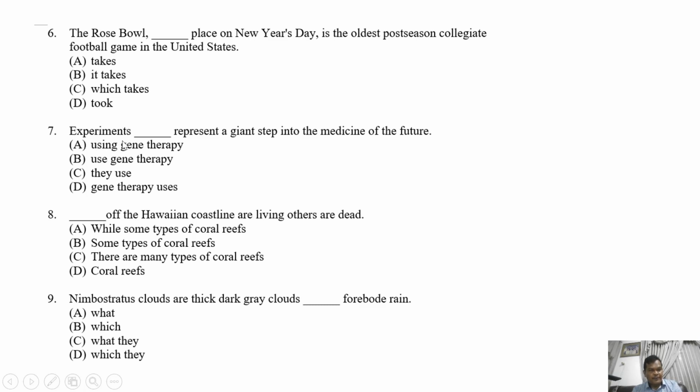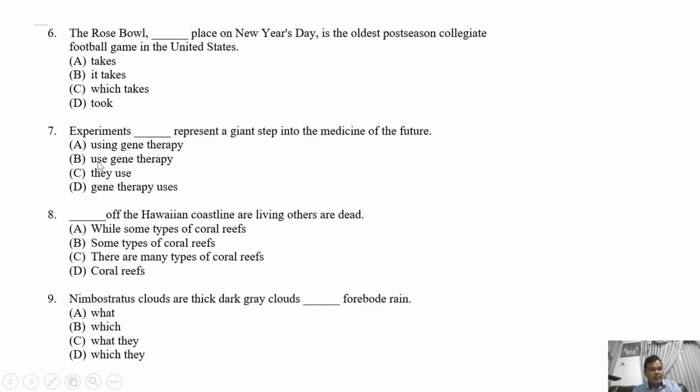So the answer goes to C, which takes. Now, number 7, you see that we have here the subject, and we have here the predicate represent. However, this sentence is still incomplete because there is a blank space here. In order to answer this question, we don't need any more subject, we don't need any more predicate.